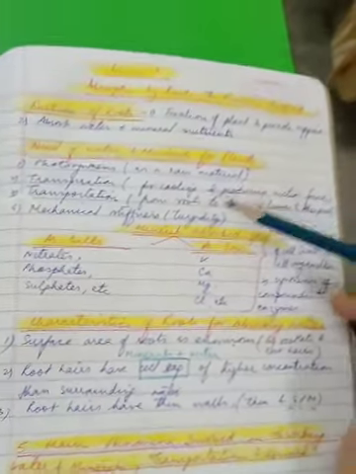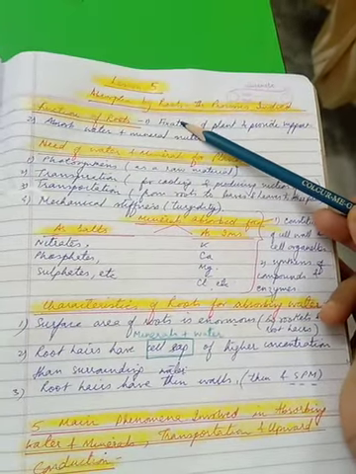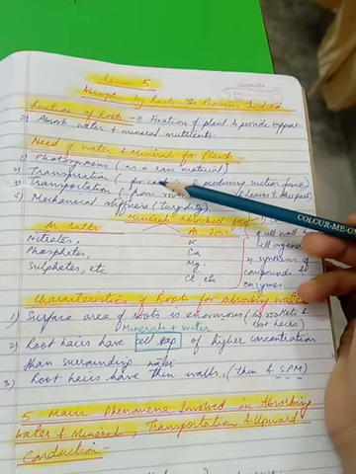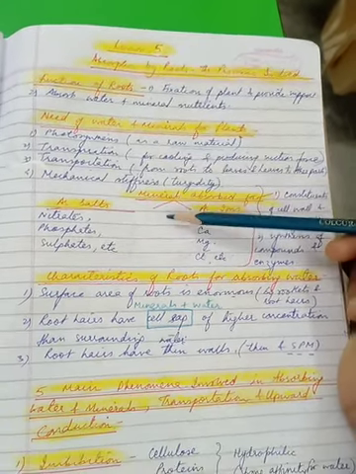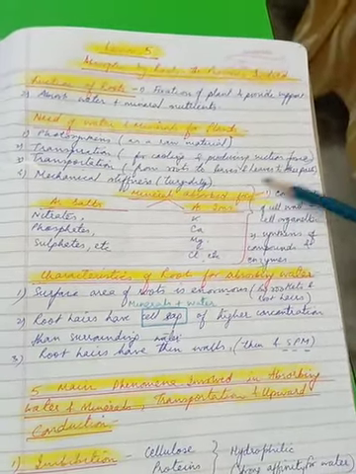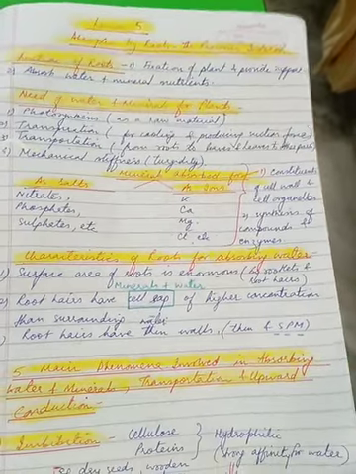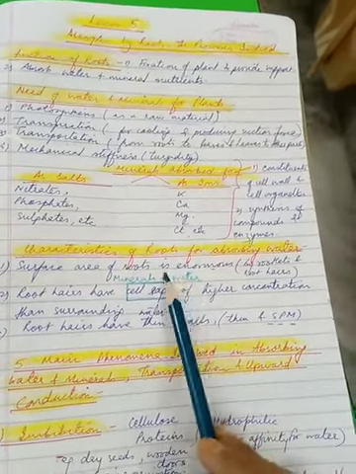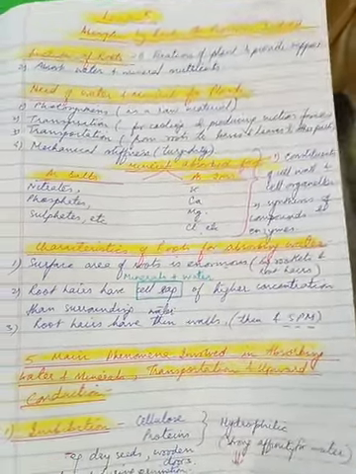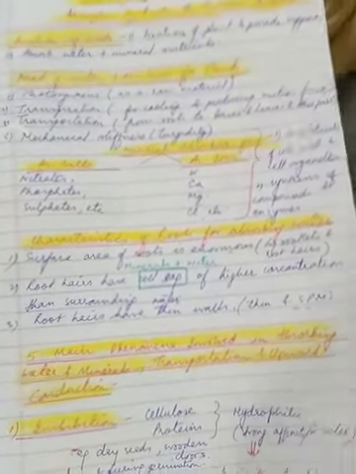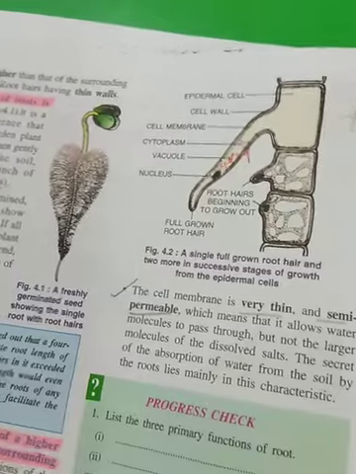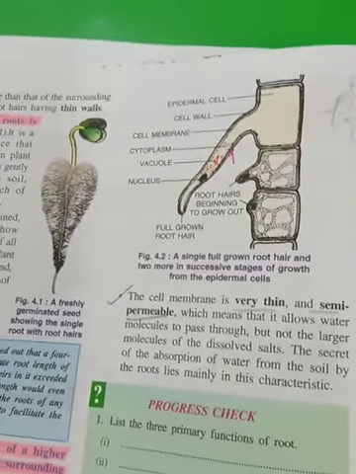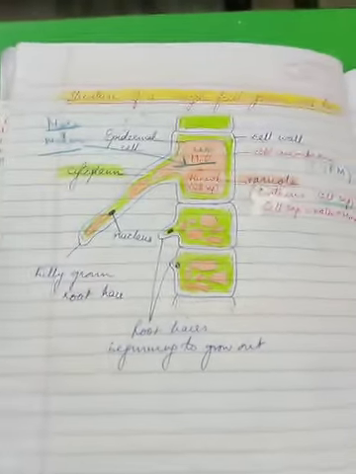Once again, let us go from the beginning over what I have introduced: function of roots, need of water, and importance of minerals, what they do in the plant cells, then characteristics of roots for absorbing water. Also, we have discussed, children, this diagram. It's a very important diagram, children. You should be able to draw it nicely and label it. This is very much expected.